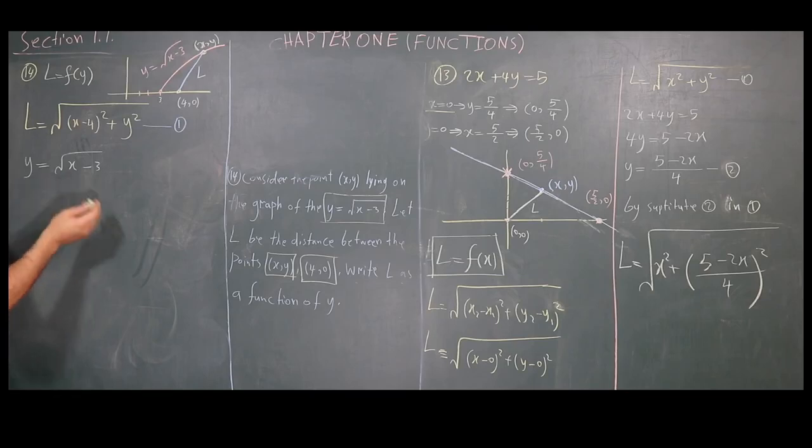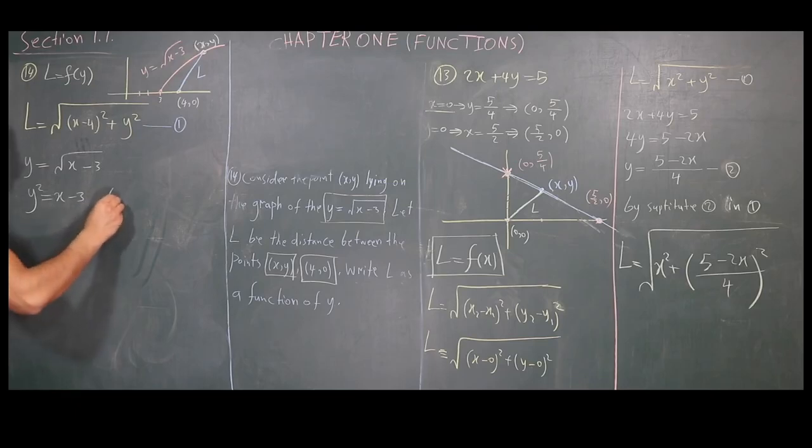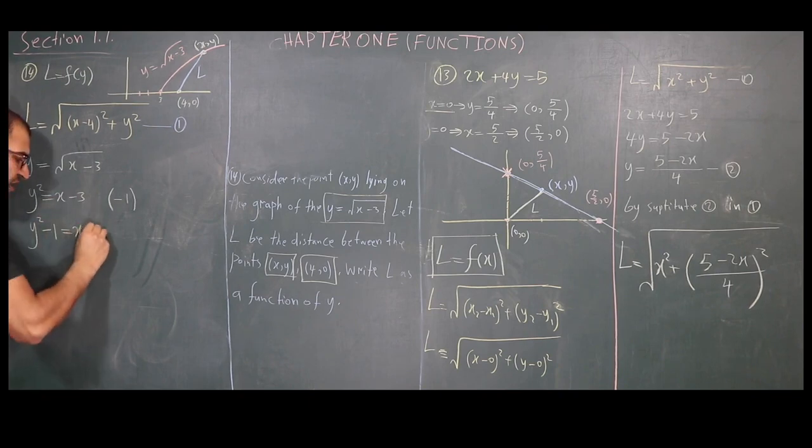We're going to square both sides. So y squared equal to x minus 3. Okay, I'm going to add minus 1 to both sides. So the result will be y squared minus 1 equal to x minus 3 minus 1, which is x minus 4.